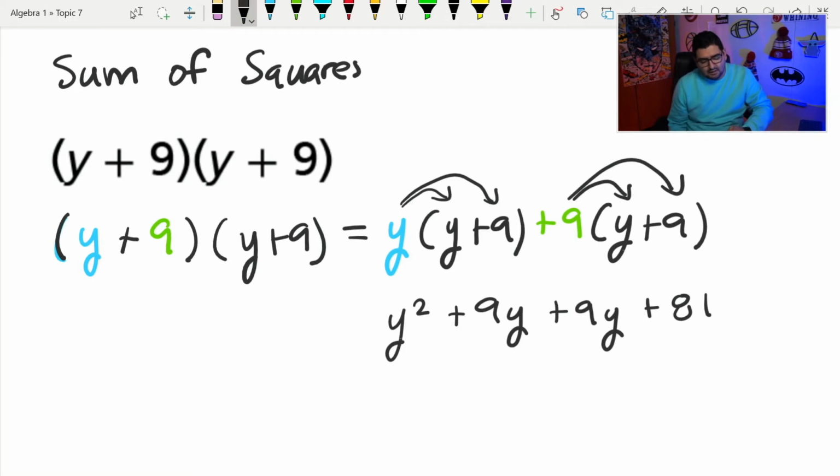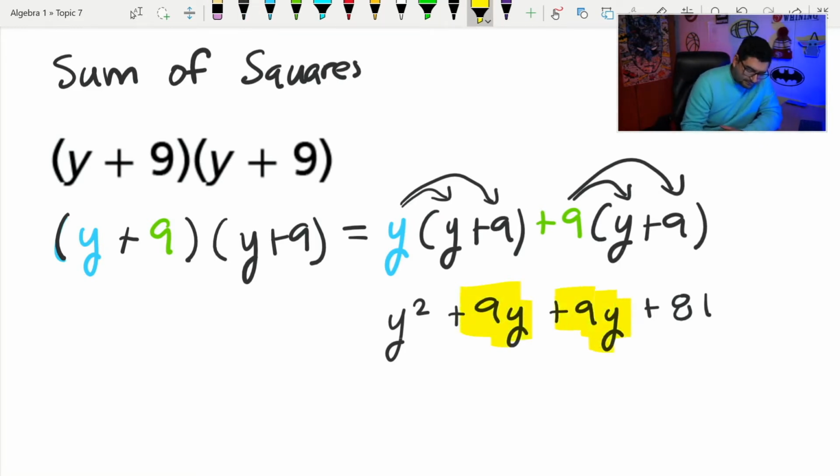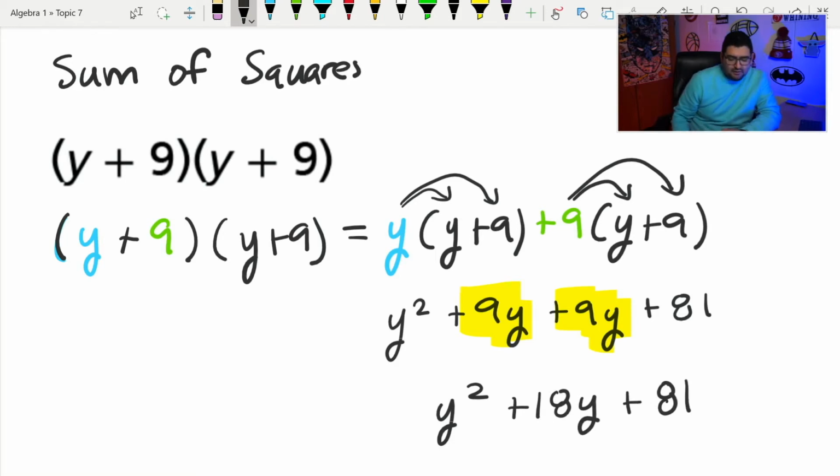And what's special about this, when you have two of the same exact things multiplied against each other, is that the two middle terms will always be exactly the same every single time. So we can combine those. Y squared plus 18y plus 81. And that's how we solve this problem.